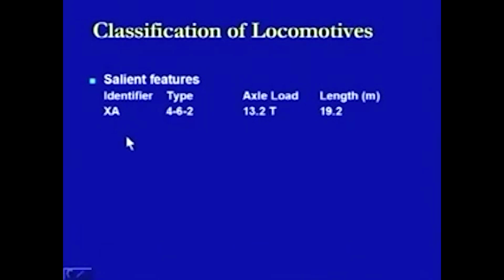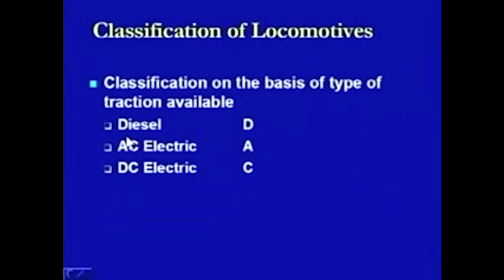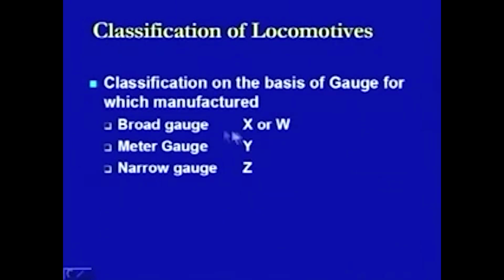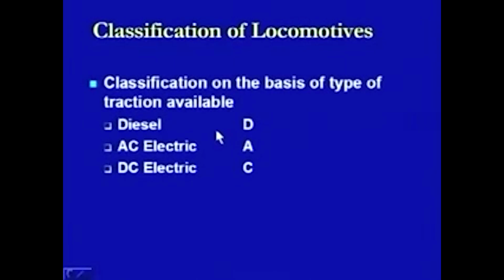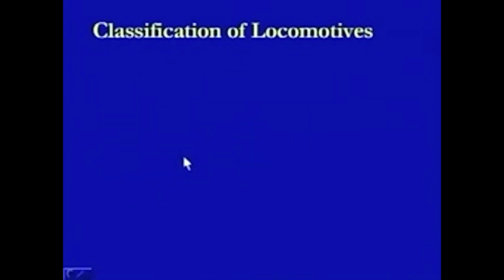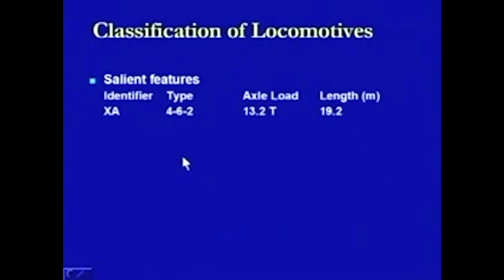As we go back and look at the condition, X is for broad gauge, and then A is for the AC electric condition. So that's how it comes to XA, and this XA has the bogey type condition of 4, 6, 2, where 4 are the front wheels, 6 are the driving wheels, and 2 are the trailing wheels. The axle load is 13.2 tons and the length of this locomotive is 19.2 meters.